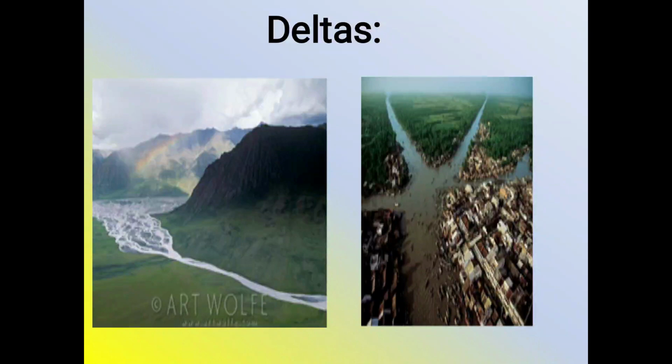Delta itself is a triangular shape, and as the shape of this deposition is triangle like, hence they are known as deltas. The apex of this triangular region is towards the land, while its base lies towards the sea.